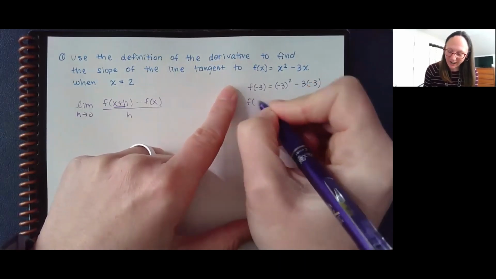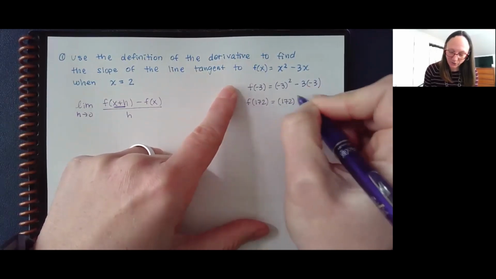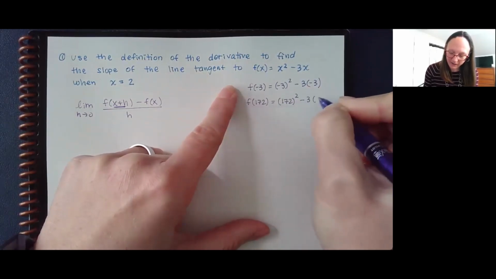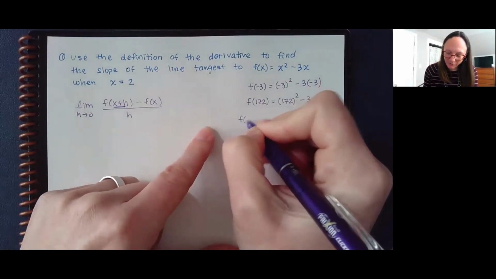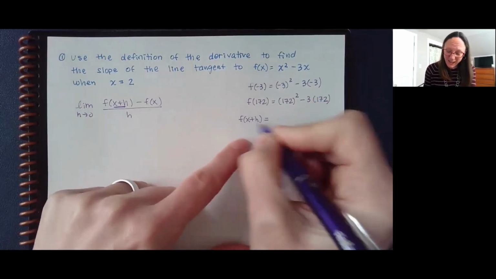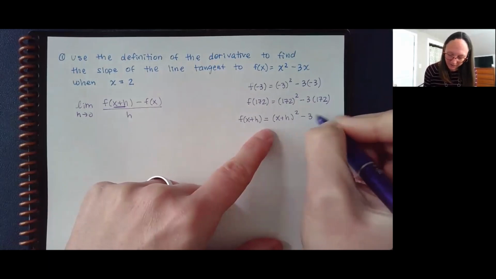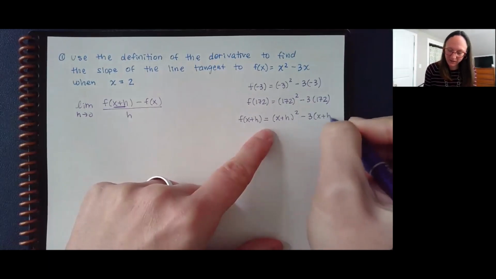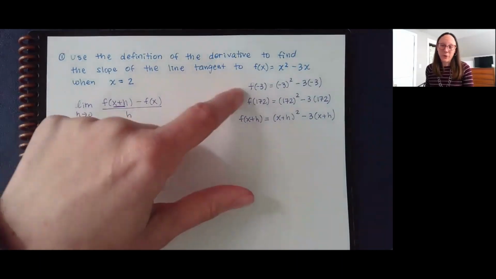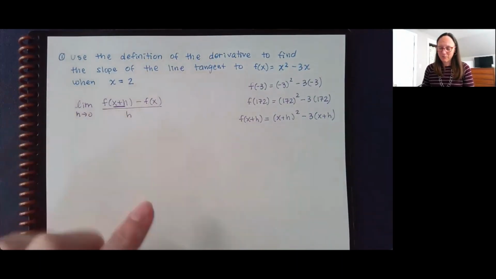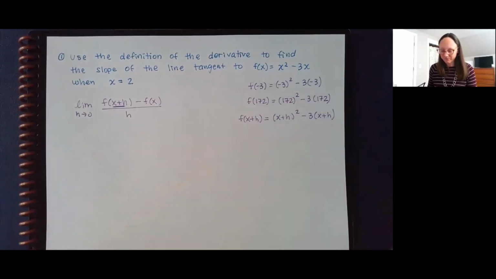If I wanted to know what f of 172 was, I'm going to plug in 172 everywhere that I see an x, which means when I need to know what f of x plus h is, I'm plugging it in kind of in parentheses everywhere that we have an x in the function. We don't actually have to do this in order to do the problem. This is just me kind of helping us to see what that notation means.